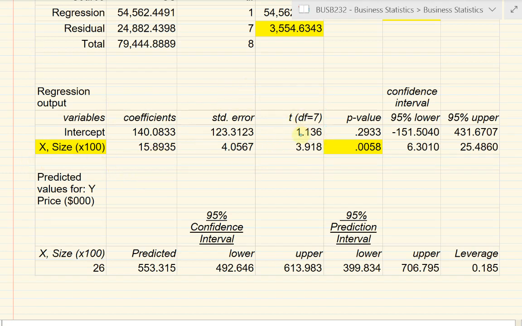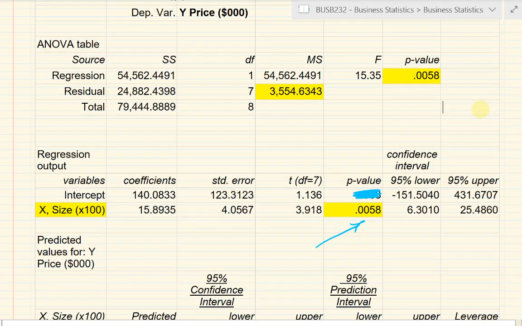Now, the p-values, don't worry about this one. We don't really interpret that. But this other p-value, 0.0058, which is no coincidence, is exactly the same as that. See, those are the same. In a case of simple linear regression, that will always be the case. In multiple regression, those will change.